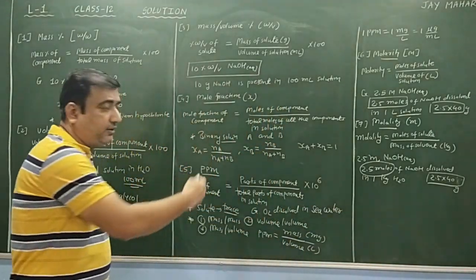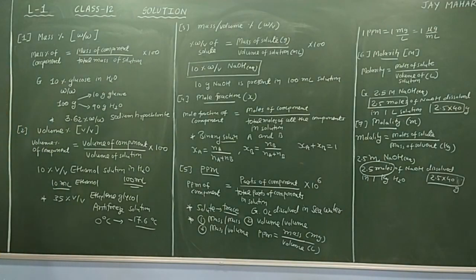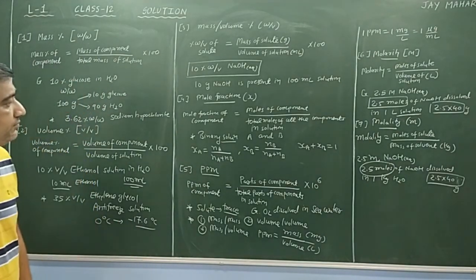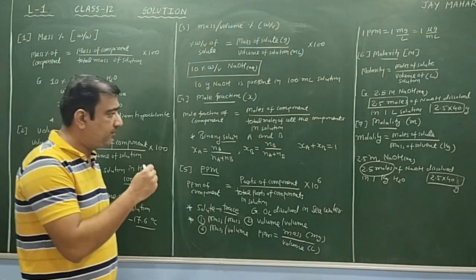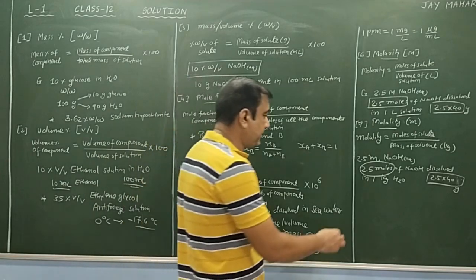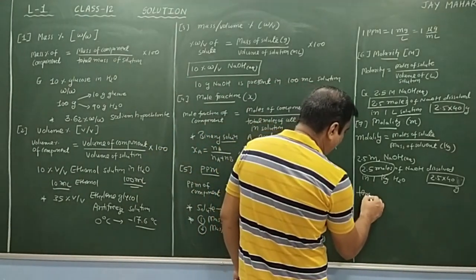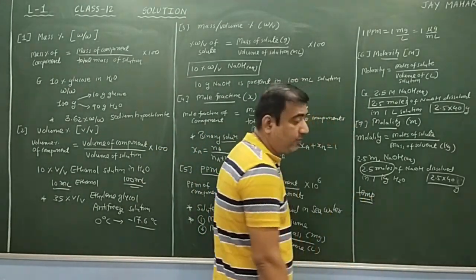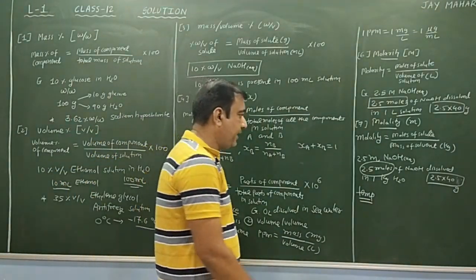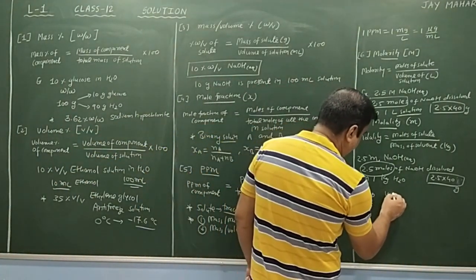Now each unit of concentration has advantages and disadvantages. Generally, we consider the effect of temperature. We know temperature has an effect on volume. Temperature affects the volume.